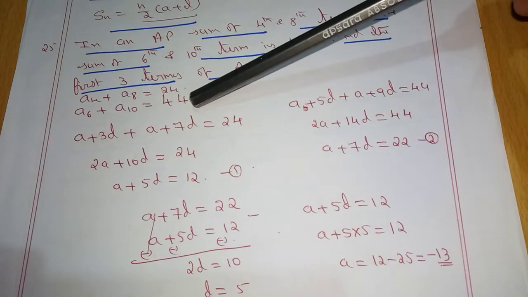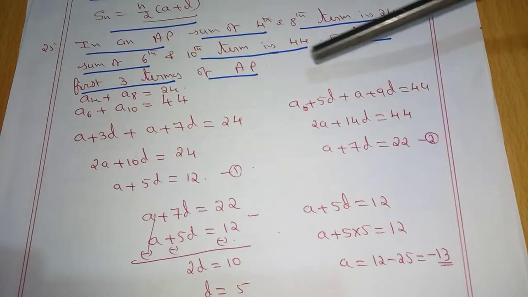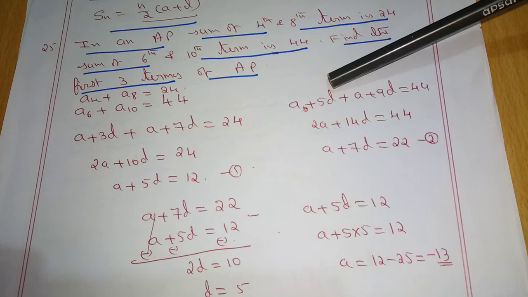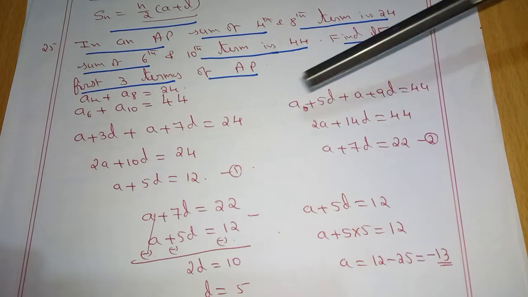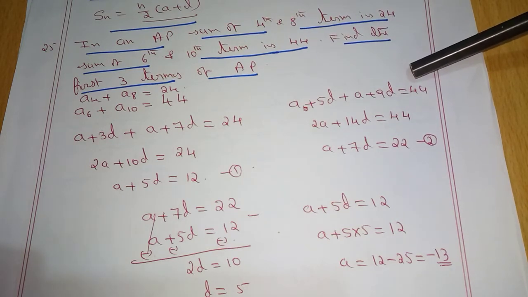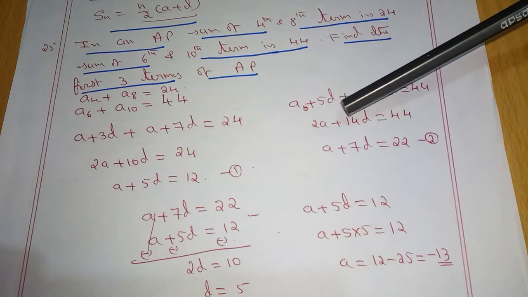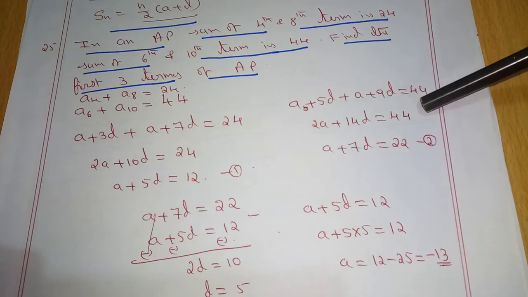Similarly, look at the second expression. A6 plus A10 is equal to 44. A6 will be replaced by A plus 5D, A10 will be replaced by A plus 9D, is equal to how much? 44. A plus 5D plus A plus 9D is equal to 44. While adding, we will get 2A plus 14D is equal to 44.